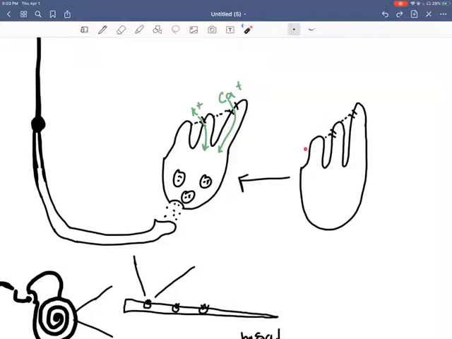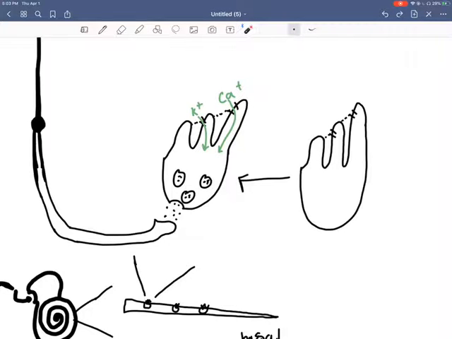So this is the hair cell at rest, and this is the hair cell when it gets moved against the other membrane when the basilar membrane is moved from the fluid waves. And this movement causes the cilia to bend, and these ion channels here become open because they are mechanoreceptors. And this opening causes the potassium and calcium to flow in, and this causes a depolarization of the hair cell.